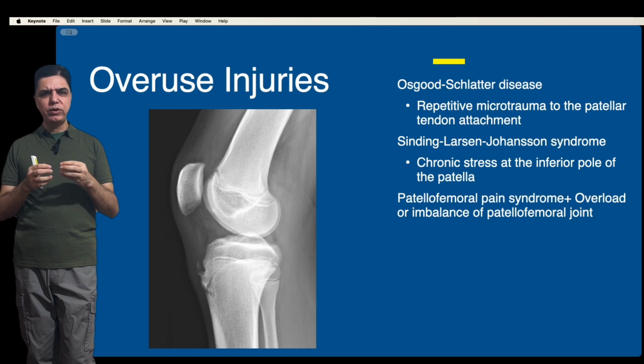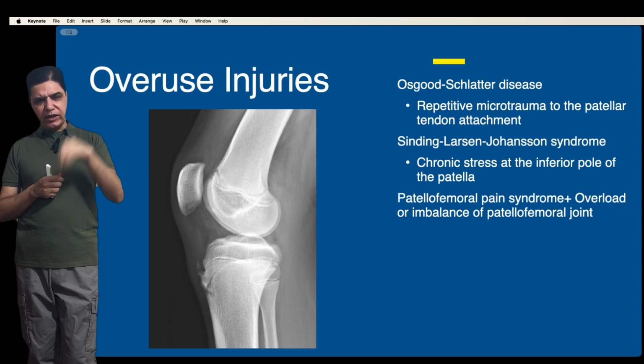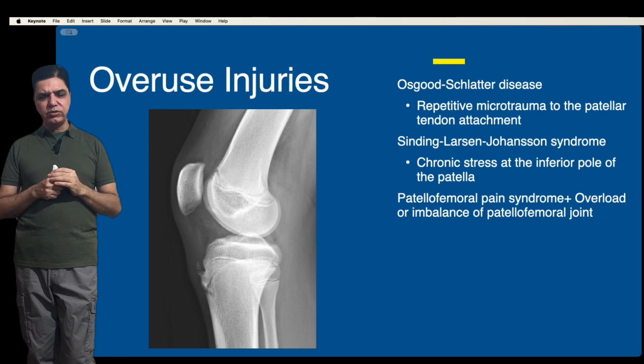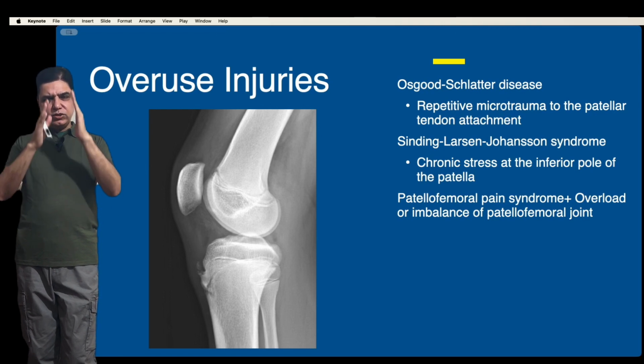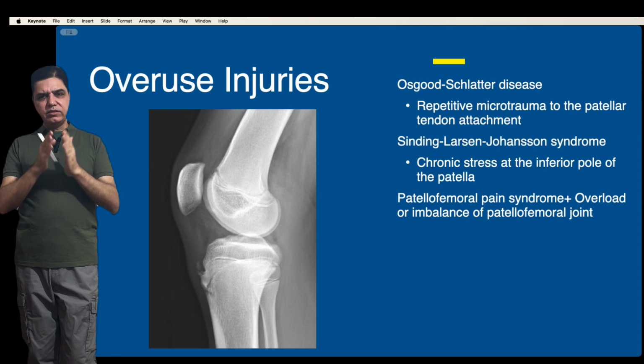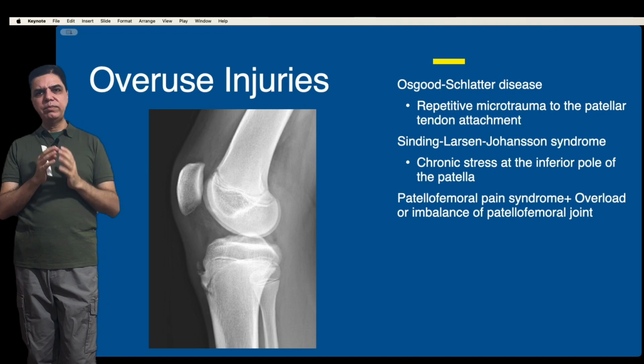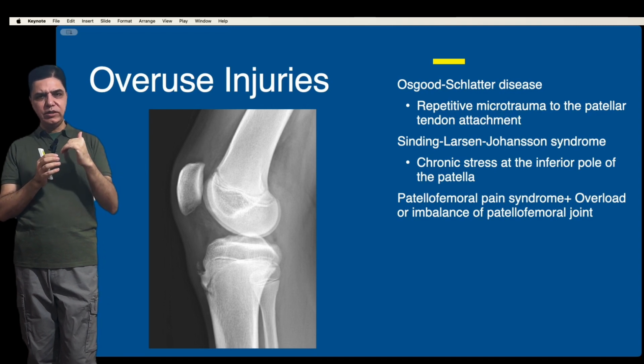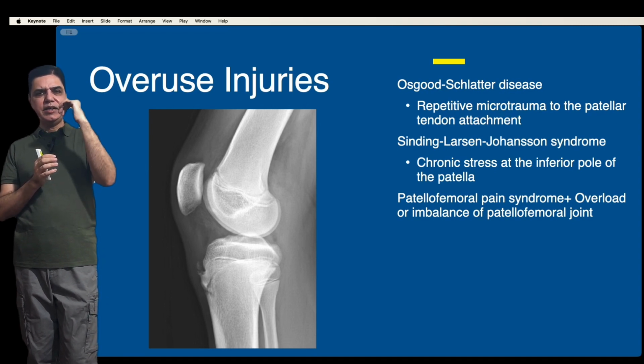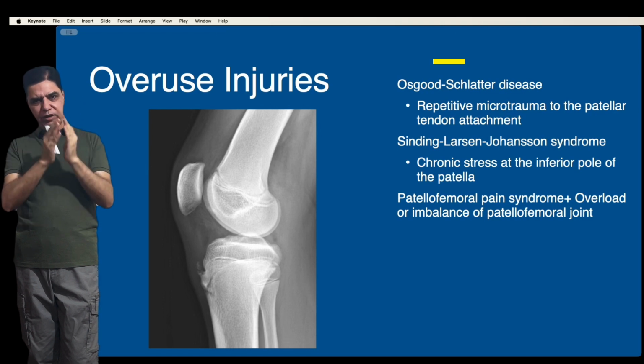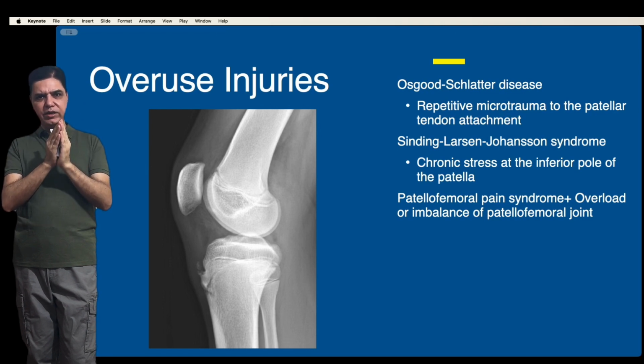X-ray would show you a bit of fragmentation of the tibial tuberosity where the patellar tendon attaches. Because this patellar tendon is coming from the patella, sometimes these microfractures might be at the inferior pole of the patella as well. So instead of happening on the tibial tuberosity, they are happening slightly above, where the inferior pole of the patella is located.